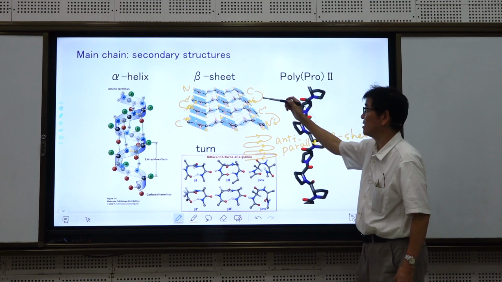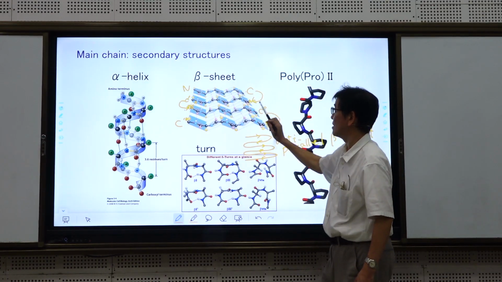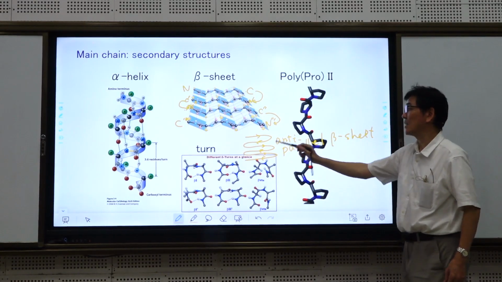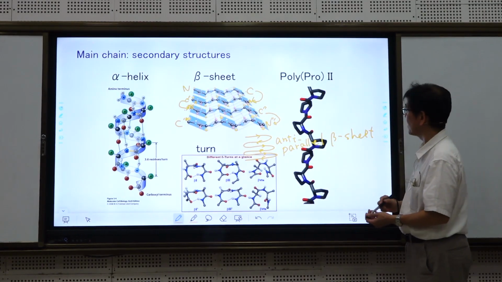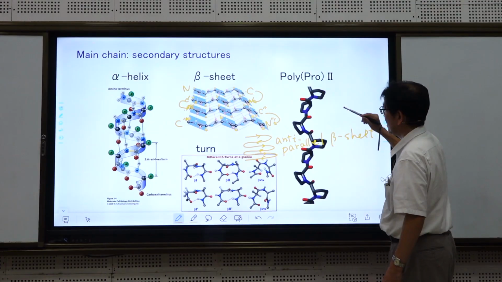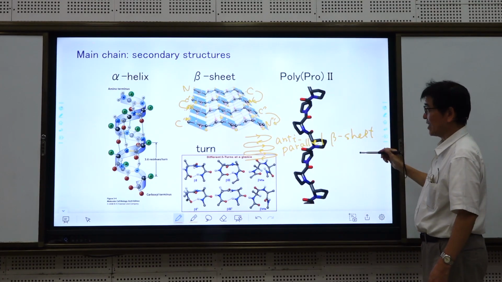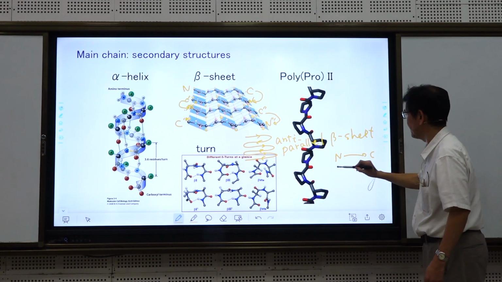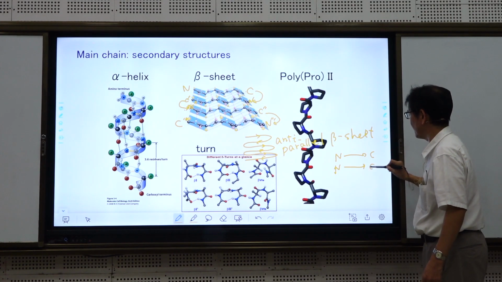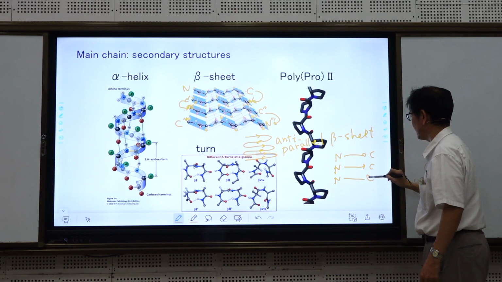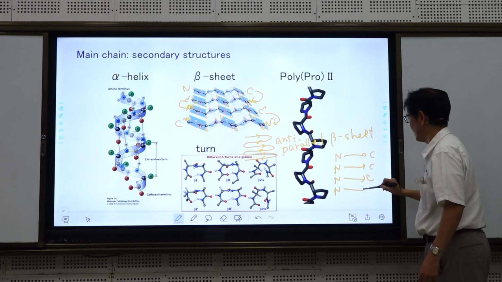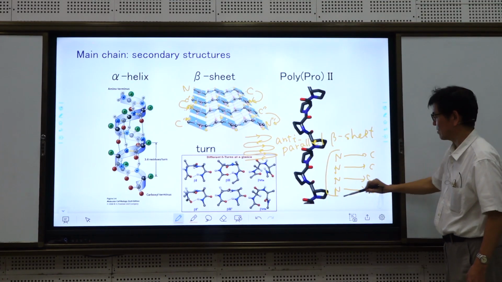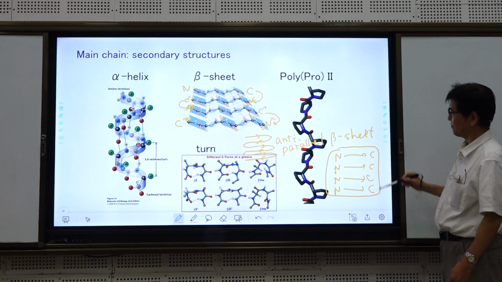The direction from N to C is opposite: N to C, N to C, N to C, N to C. This is the so-called anti-parallel structure. And it's rare, but sometimes N to C, N to C, N to C. This kind of beta sheet structure is also possible.